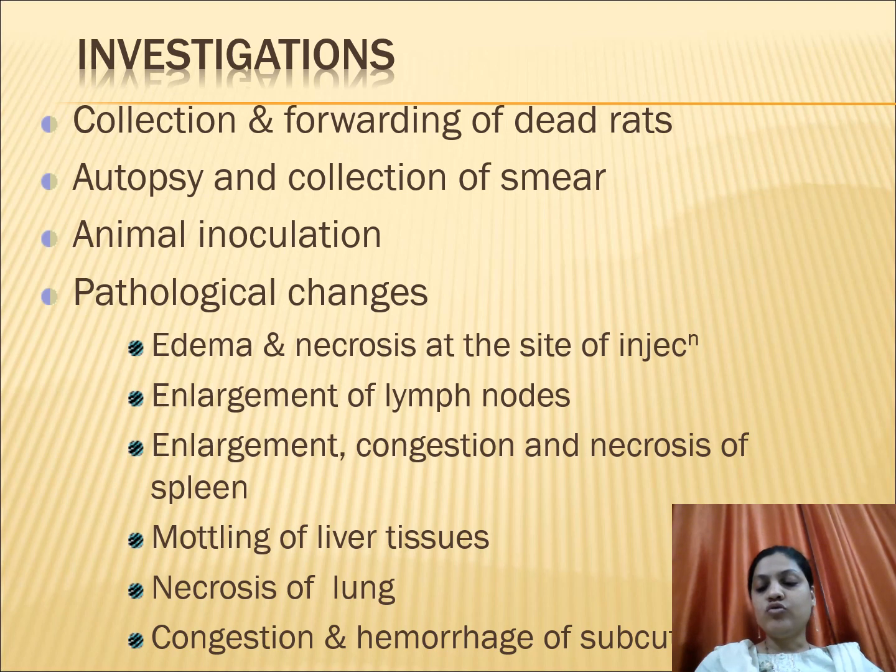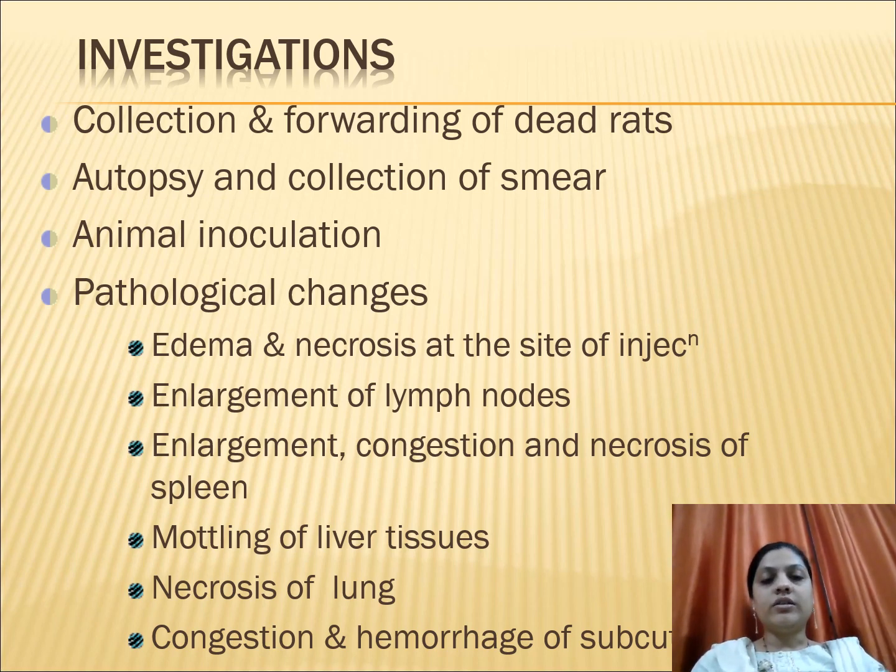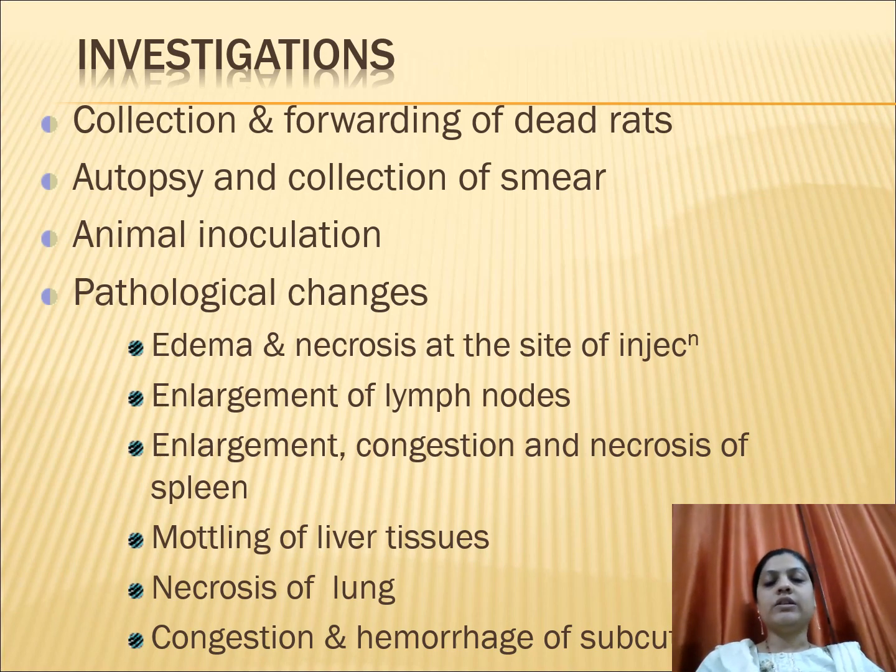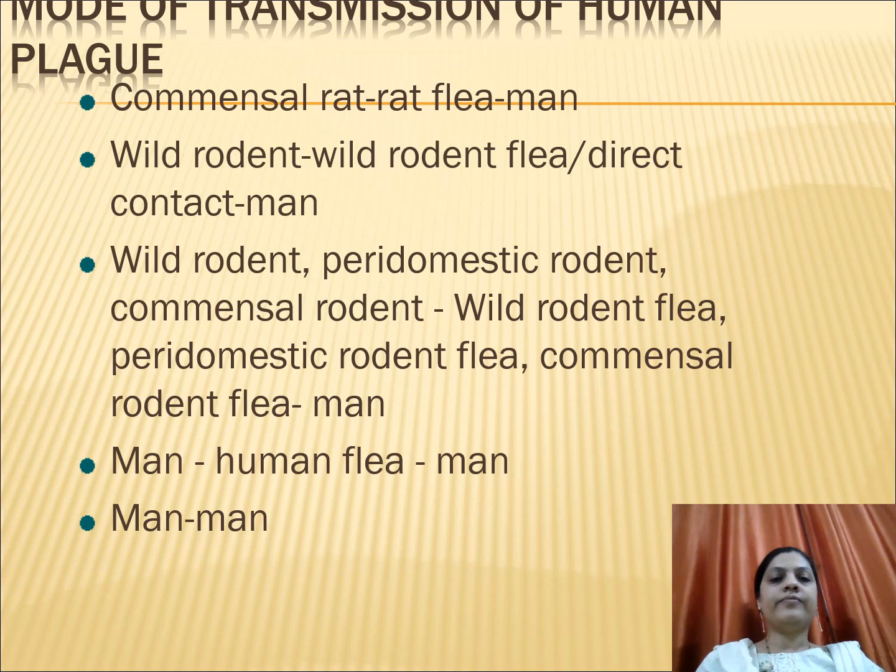The rats have to be collected with very aseptic precautions in special plastic containers, and sent to the lab, where we do the smear examination, and the autopsy findings are also noted.